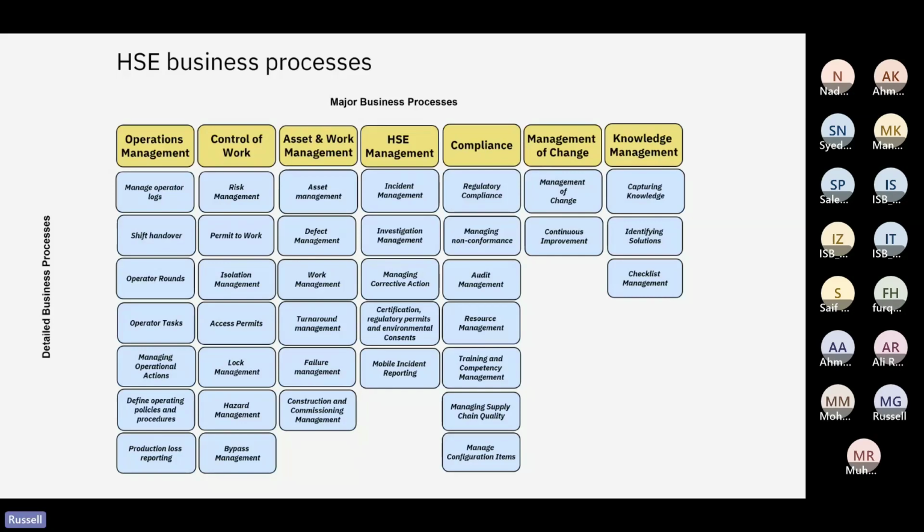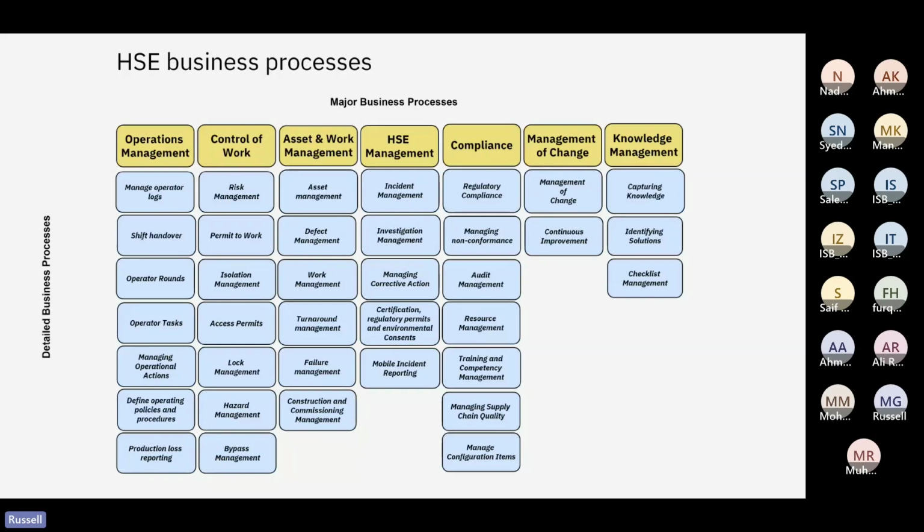If we then keep moving right to compliance, we have the regulatory compliance application. So really important to be able to link the regulations, and this is the way that you would, if you're in a performance standard regime, model your performance standards and identify those against your asset structures, and then be able to link them into your HSE and operational processes.